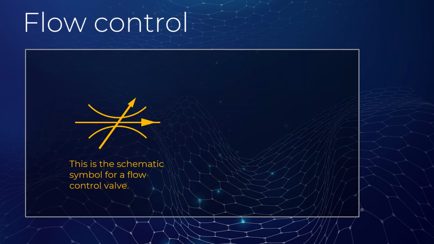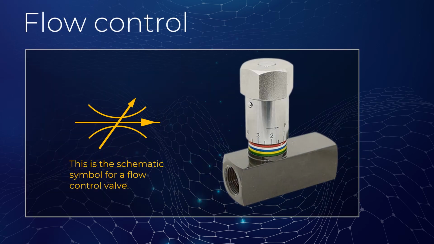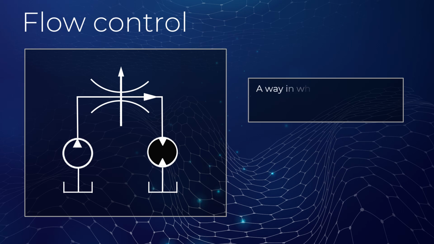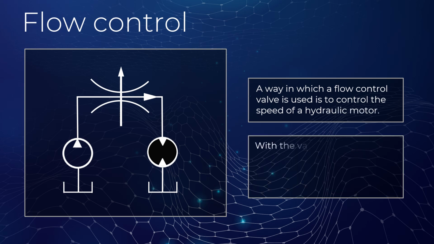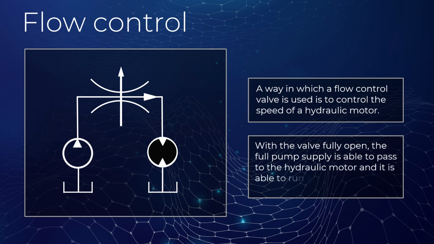This is the schematic symbol for a flow control valve. A way in which a flow control valve is used is to control the speed of a hydraulic motor. With the valve fully open, the full pump supply is able to pass to the hydraulic motor, and it is able to run at its maximum speed.